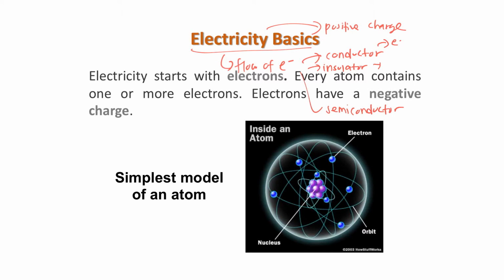And semiconductor can be a conductor or an insulator. There are only two materials that represent semiconductor, which are germanium and silicon.